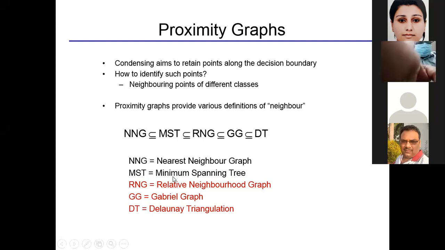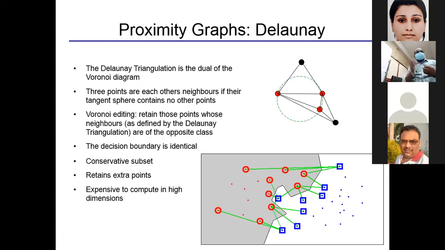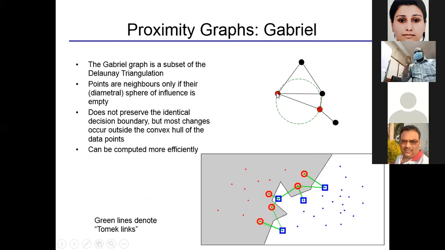And then with MST, the minimum spanning tree, we are drawing circles by taking the radius, and then we draw the perpendiculars like this. In this manner, these graphs are used. So let's see, the first is the Delaunay graph.